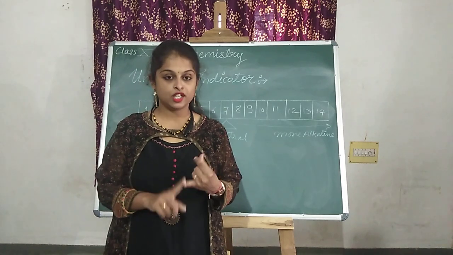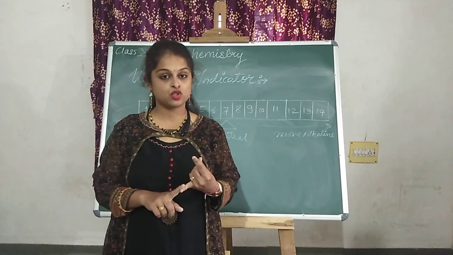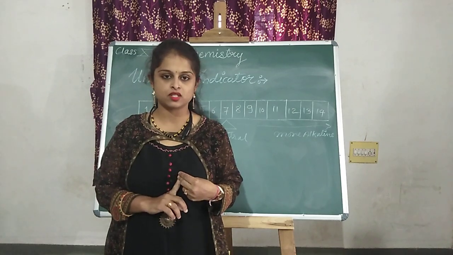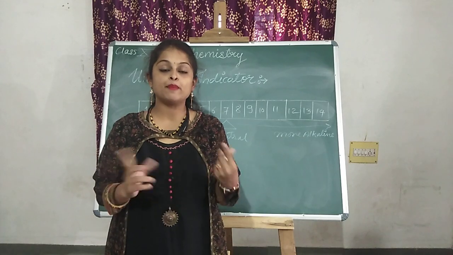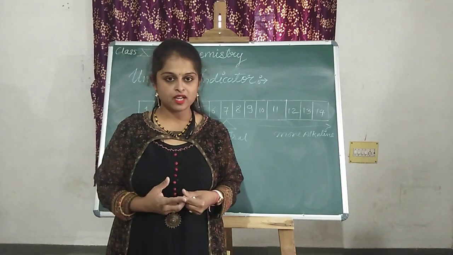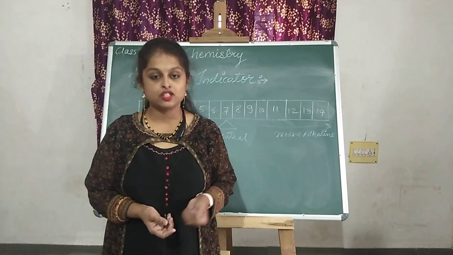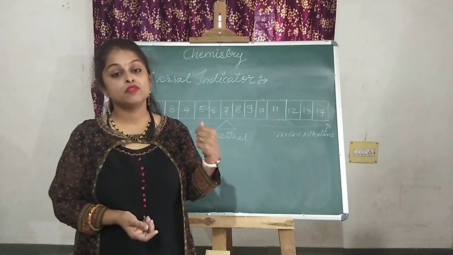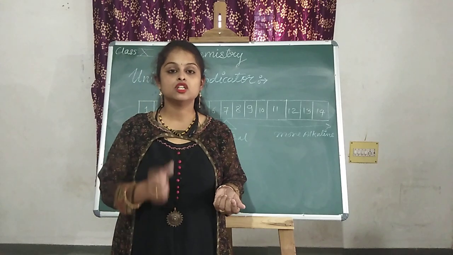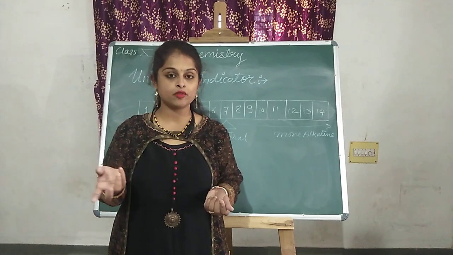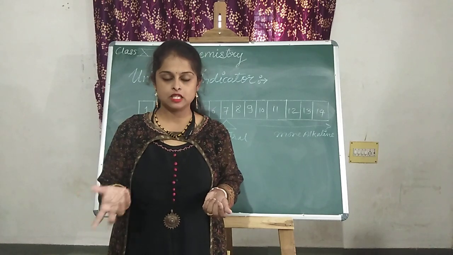Now about the litmus solution, methyl orange, phenolphthalein, what did you study from this? They are only helping you to identify whether the substance is acidic or basic in nature. But this universal indicator will tell you about the solution or the substance, whether it is a strong acid or strong base, weak acid or weak base.